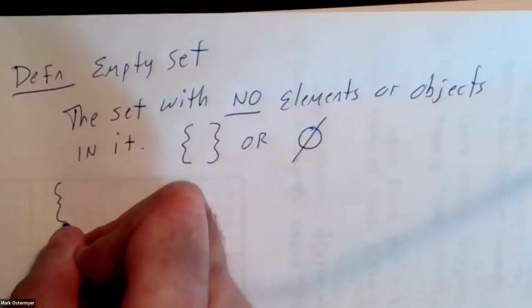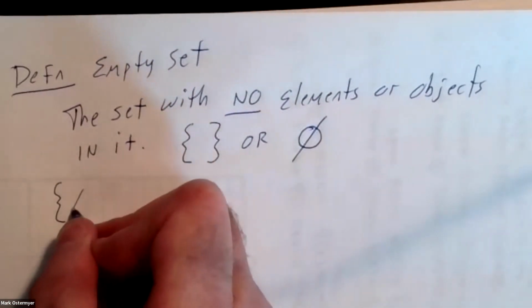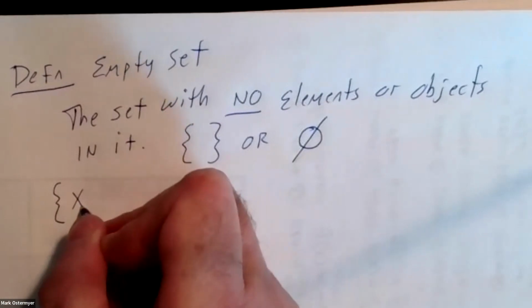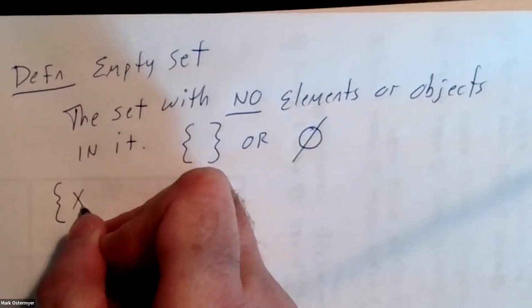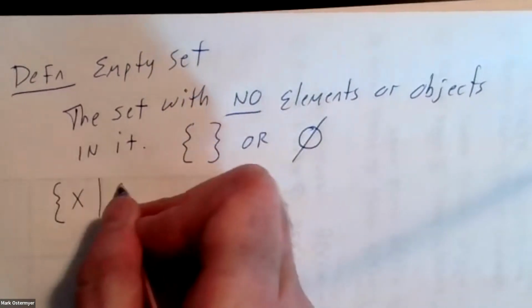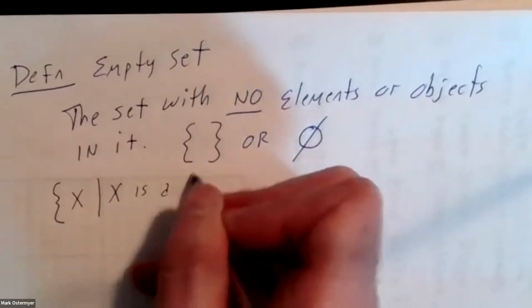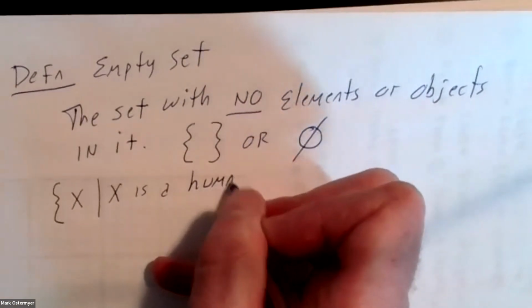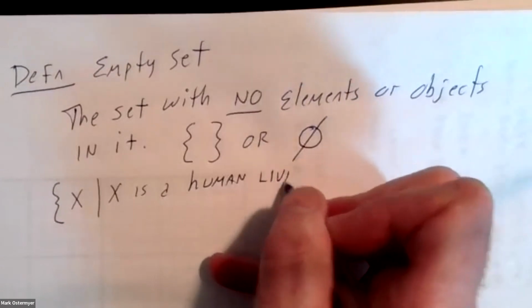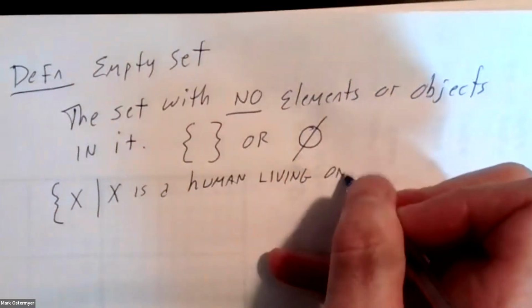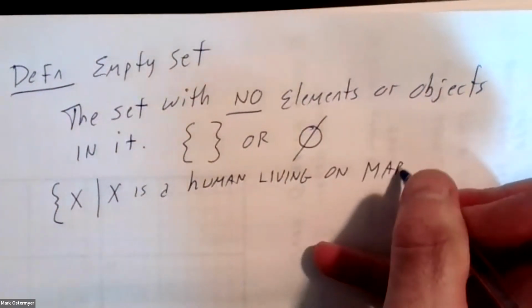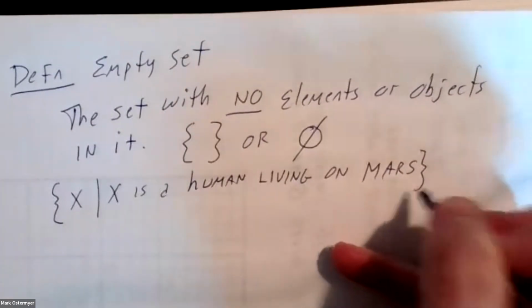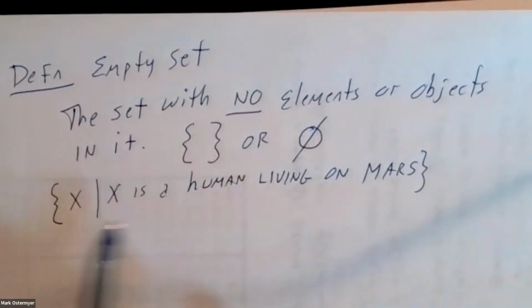Would this set be empty? The set of all objects X, such that X is a human living on planet Mars. Ladies and gentlemen, would there be anything in this set?